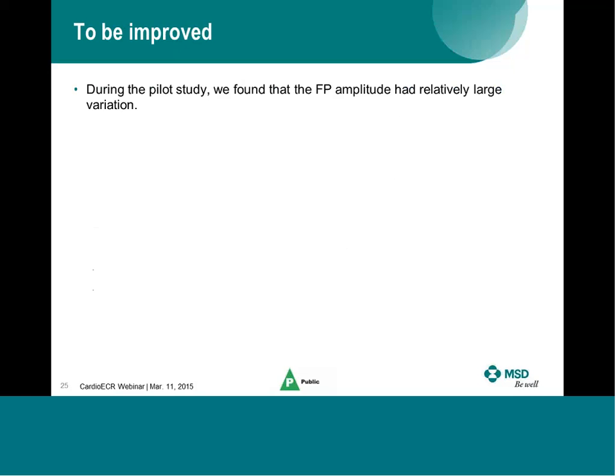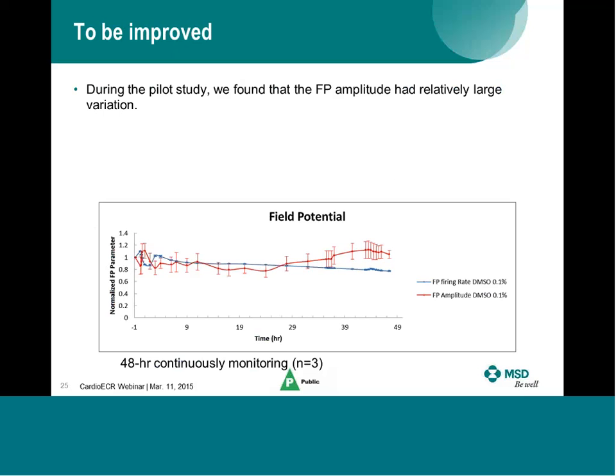During the pilot study, we realized that the field potential amplitude had relatively large variations. Therefore, we conducted a time course study with vehicle control, 0.1% DMSO, with continuous recording in the incubator for 2 days. The field potential rate and amplitude were normalized to the final read before vehicle addition.